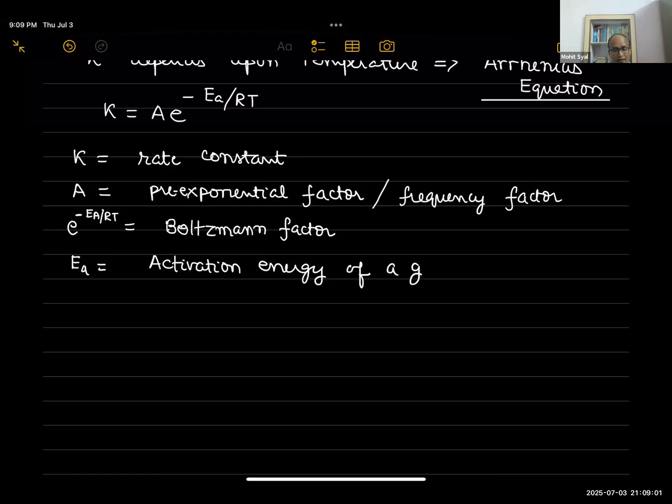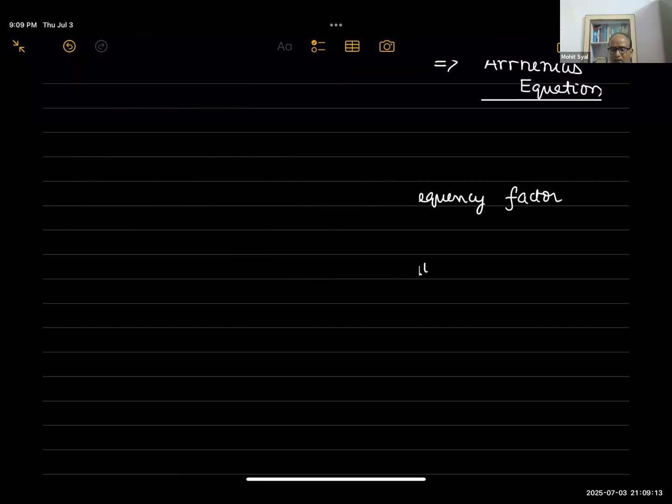I will define it. First, I'm writing the name of each term, and I will give the definition after it. Activation energy of a given reaction.